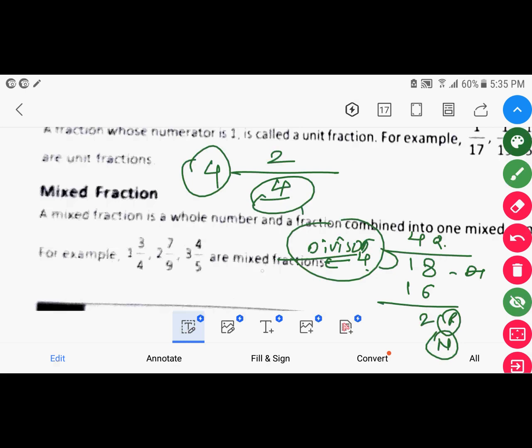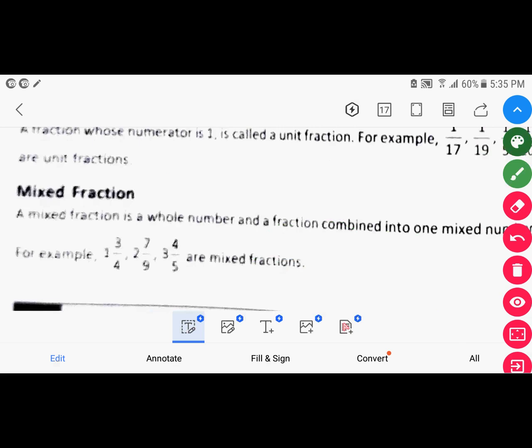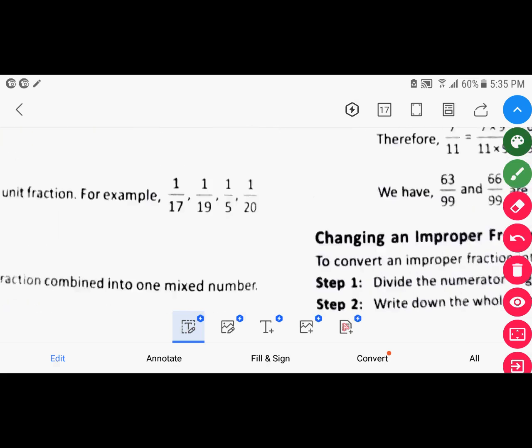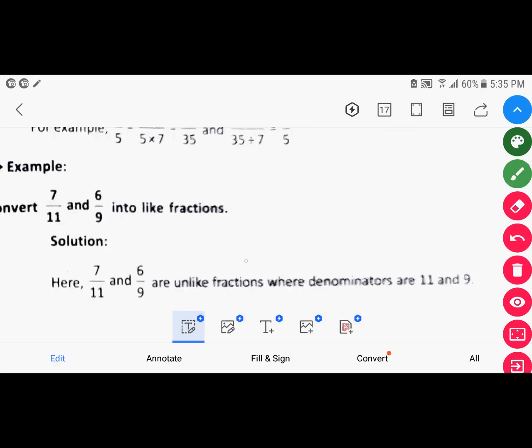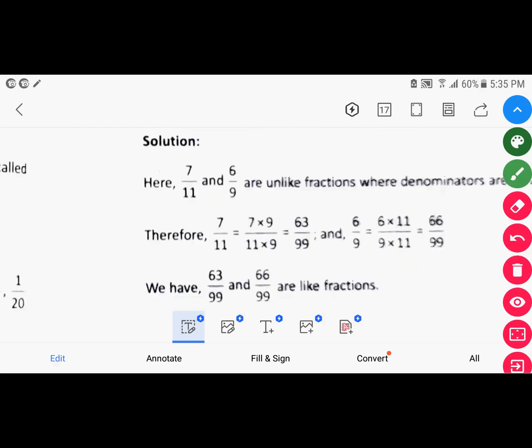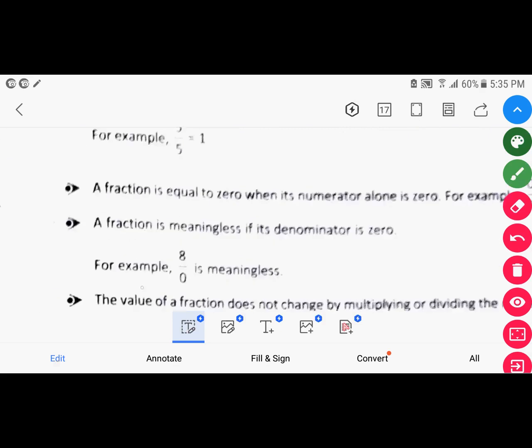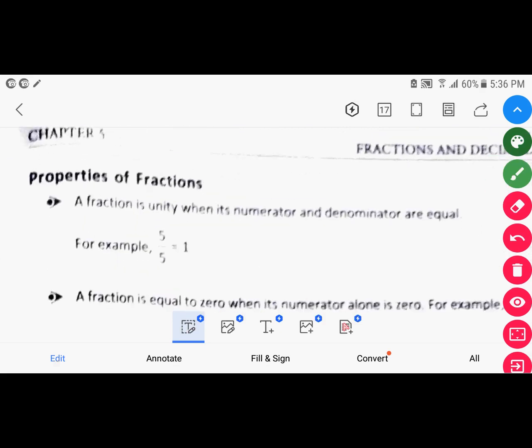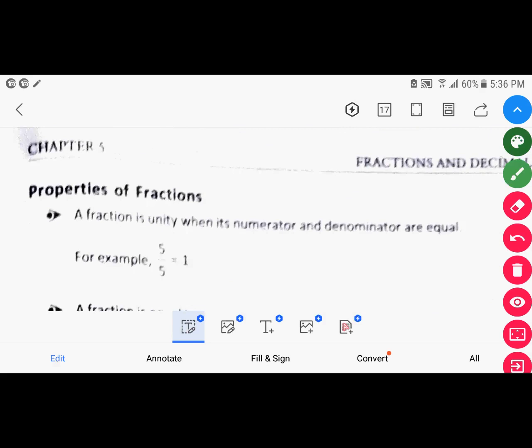So this is the method to convert any fraction into mixed fraction and to change the mixed fraction into proper or improper fractions. Okay, now the properties of fraction we have to study.